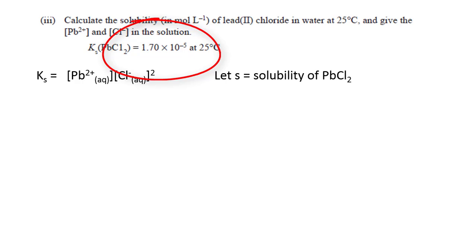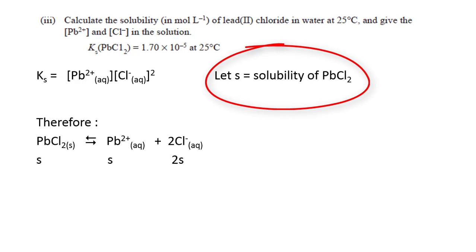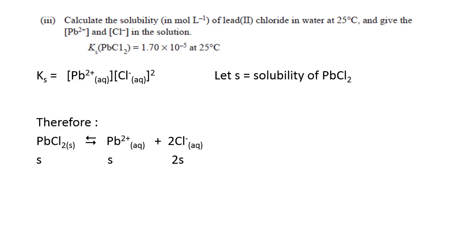So I'm going to let S equal the solubility of lead chloride, and then looking at my equilibrium equation, lead chloride is S, lead is S, and the chloride ions are 2S. And the reason they're 2 is that there's 2 chloride ions in the equation. So for every lead chloride that dissolves, you get 1 lead ion and 2 chloride ions.